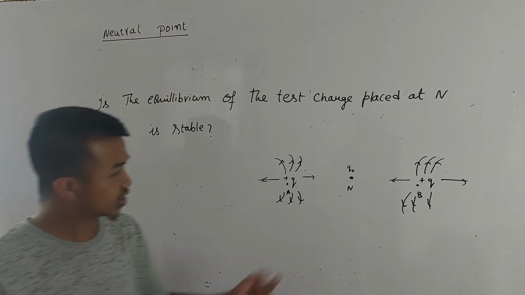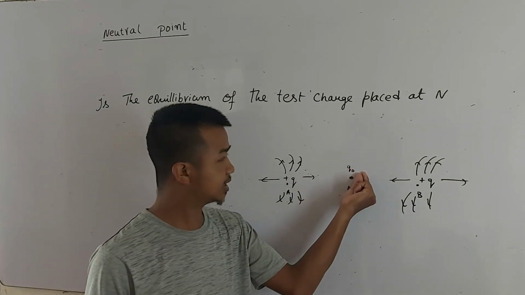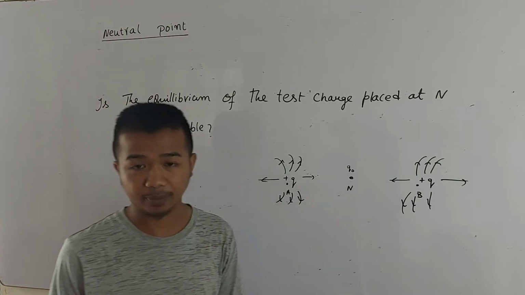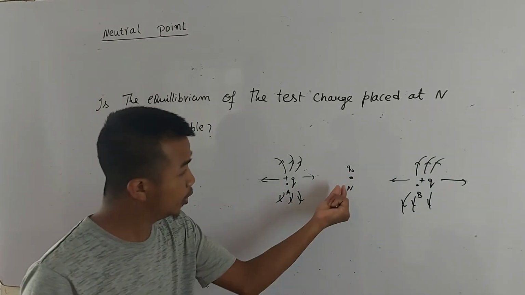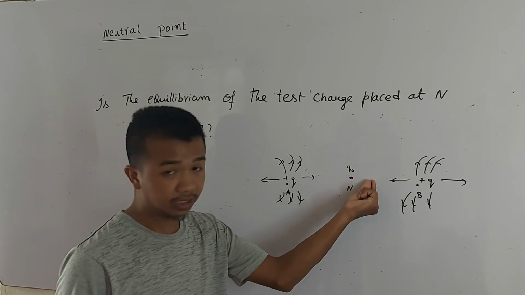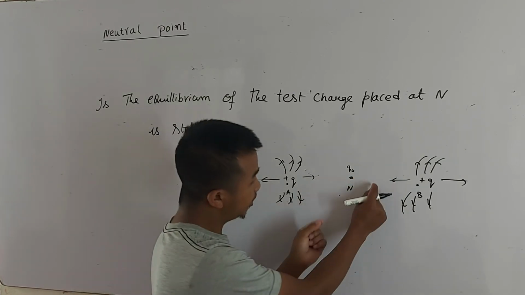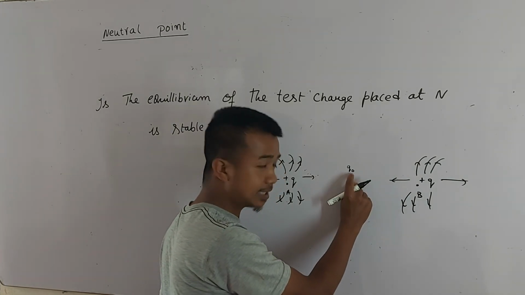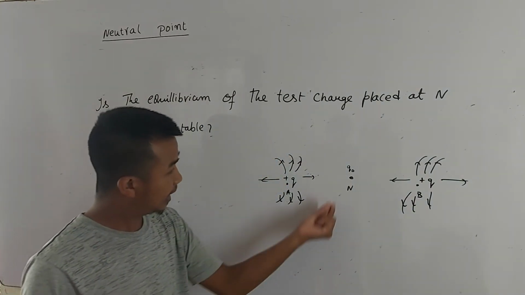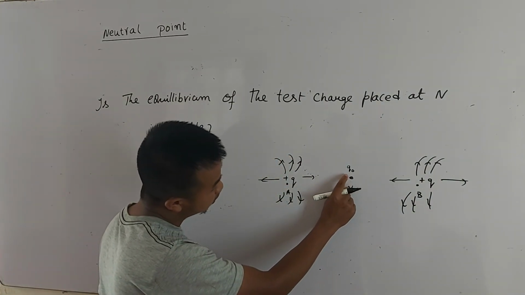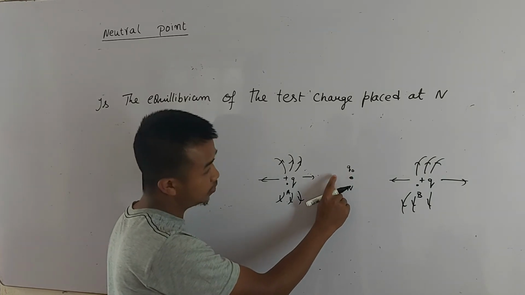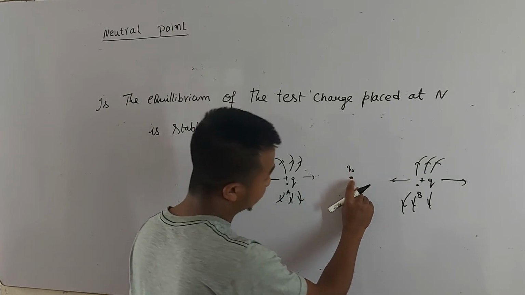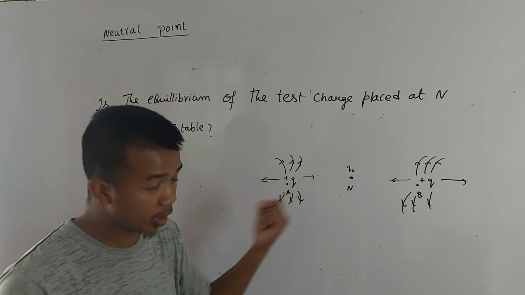First, let us consider that this test charge is shifted a little bit towards the right or towards the left. What will happen? If we shift it towards the right, it will experience a force, and that force will bring the test charge Q0 back to N. Again, if we shift it towards the left, it will experience a force, and the force will bring Q0 back to this neutral point.